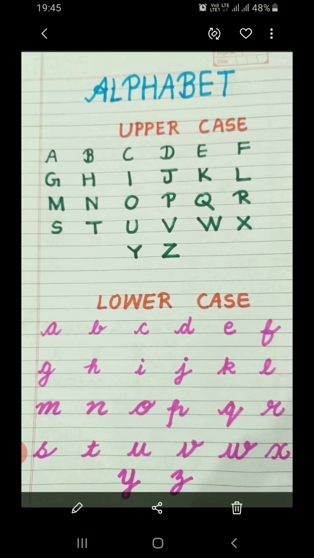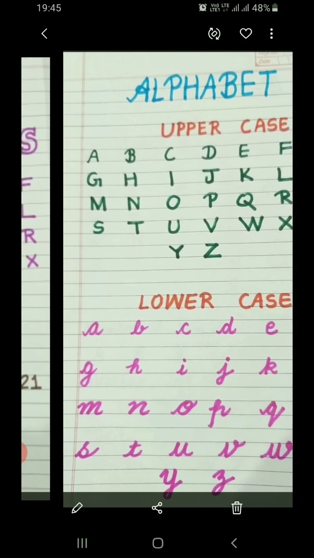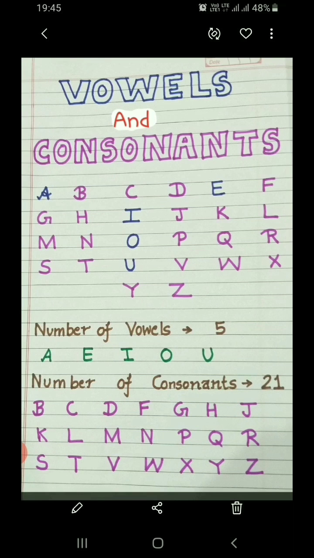Now we'll be coming to the second sheet of ours. What is the second sheet? Are you seeing the sheet? The second sheet tells us about vowels and consonants.